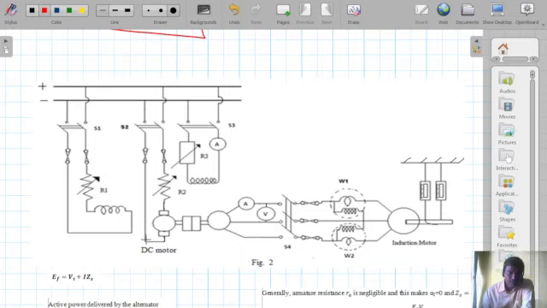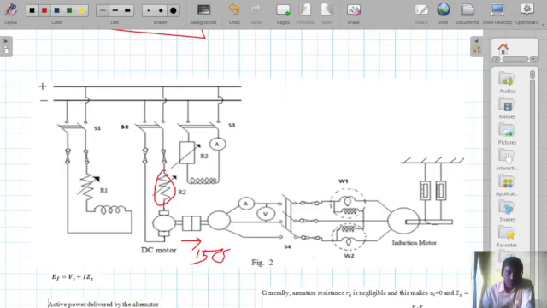So first, the same way the DC field to the DC motor is given, and the armature voltage is being controlled or adjusted to give its synchronous speed. Okay.